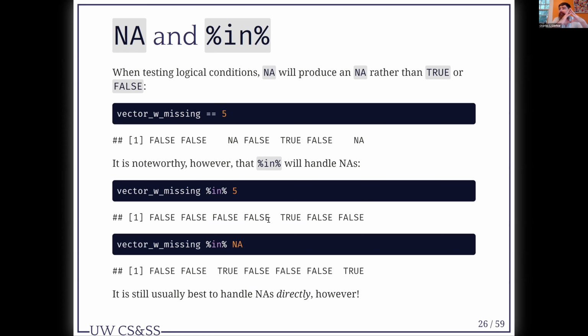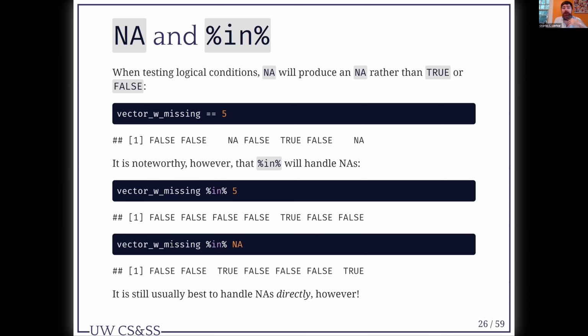This is an oddity that even though this thing is normally equal to sort of multiple equals statements, it can check for missings, but equals can't. So you can use %in% instead of equals in cases where you have NAs if you feel like it. Hardcore R programmers will get upset if you do this because they say you should manually remove your NAs, but this can be useful as a shortcut.